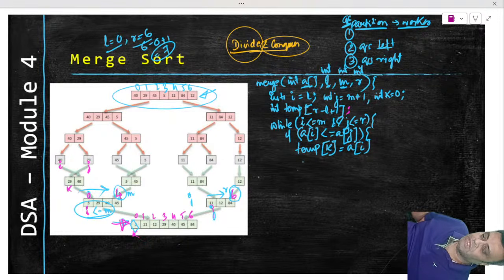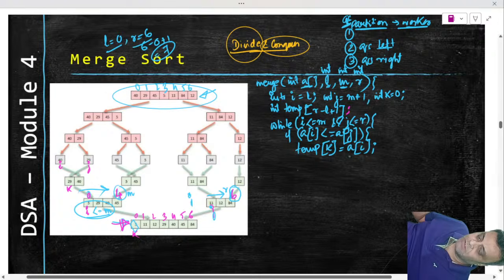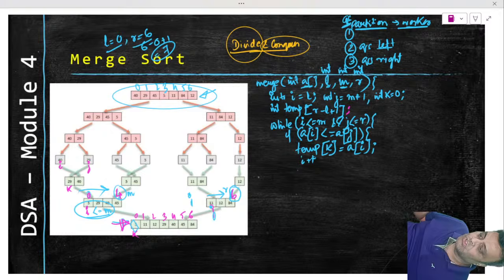So that is what is happening here: temp K equals A of I. And because I have utilized I, I should be increased. Remember that we had increased I when we utilized this 5 and put it inside here. We will also increase the value of K, because K has now done its job. So K now needs to point here. That is what we will do for this particular while.